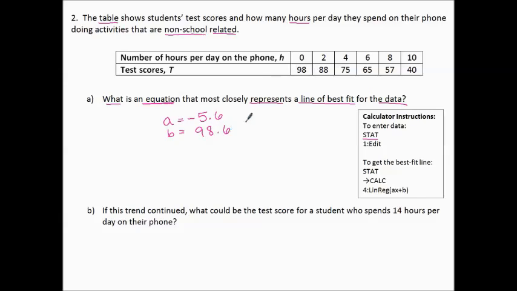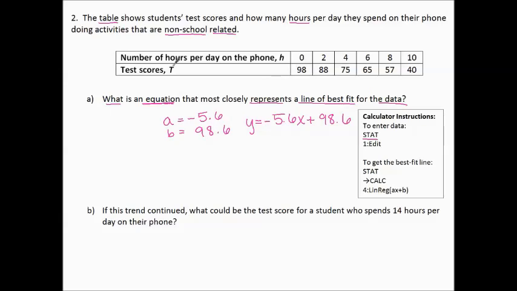So I'm going to write it as y equals negative 5.6x plus 98.6. That is my equation. That is my line of best fit.